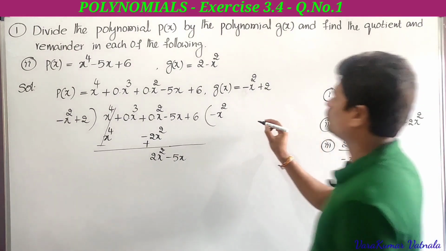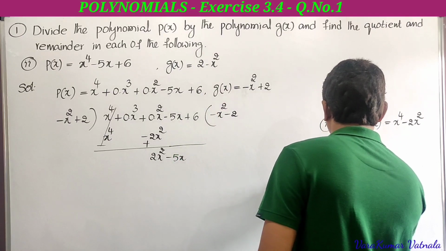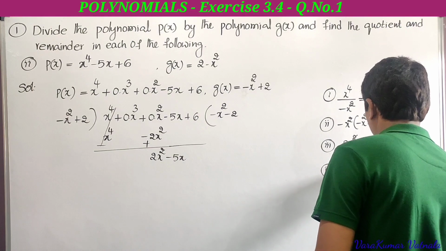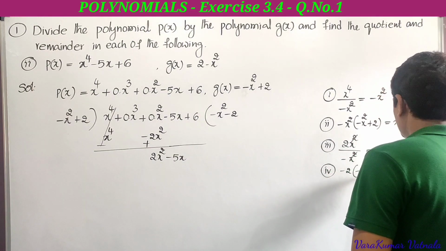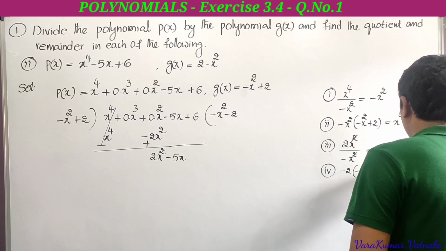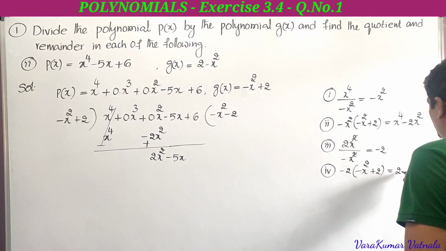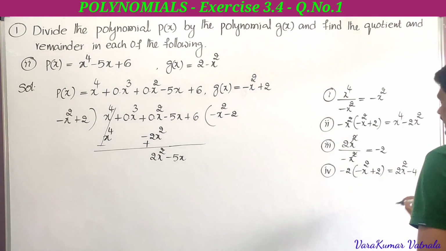Write this minus 2 in the place of the quotient. In the next step, multiply the divisor with minus 2, that is minus 2 into minus x square plus 2. Minus 2 into minus x square gives plus 2x square, and minus 2 into plus 2 gives minus 4.